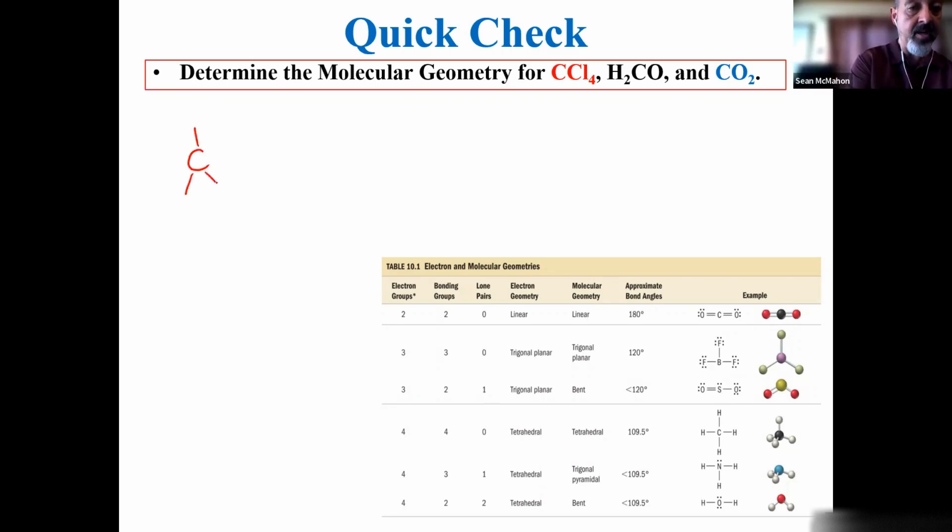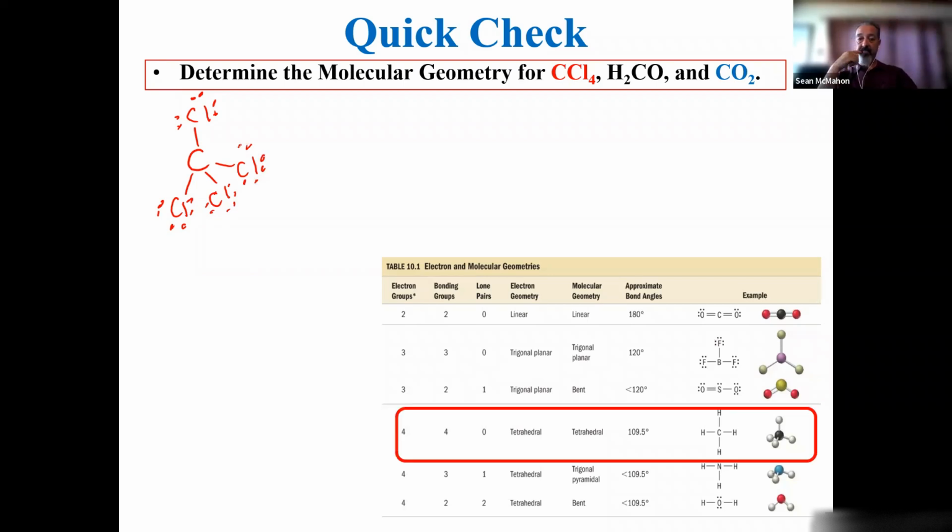But basically, carbon tetrachloride has 4 chlorines, so 4 electron groups because 4 atoms. What is that? Well, it's electron group geometry of tetrahedral. Since there's no lone pair on the central atom, the molecular geometry is also tetrahedral, and the bond angle is 109.5.